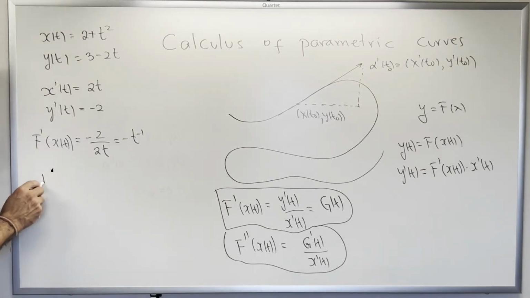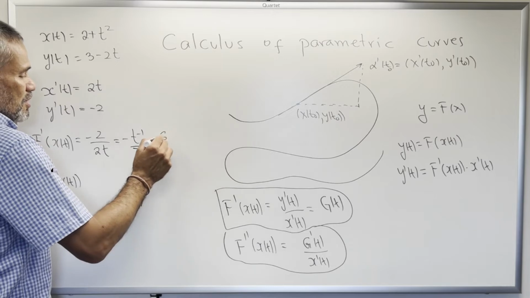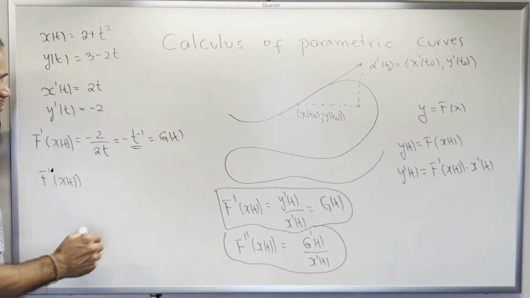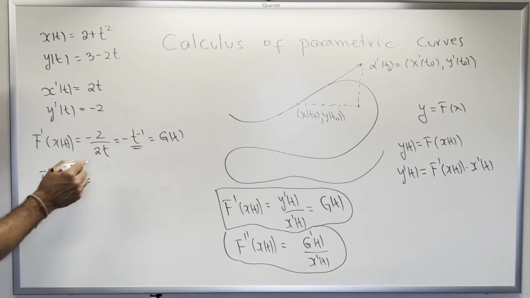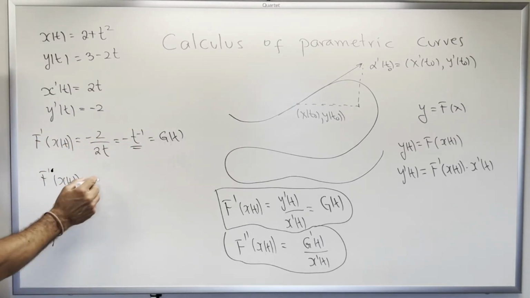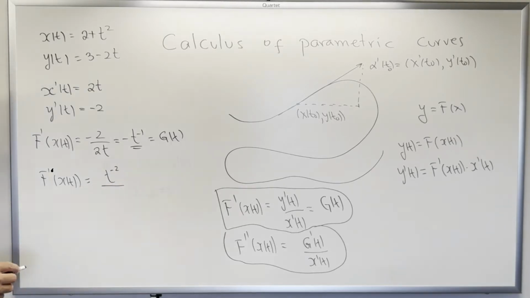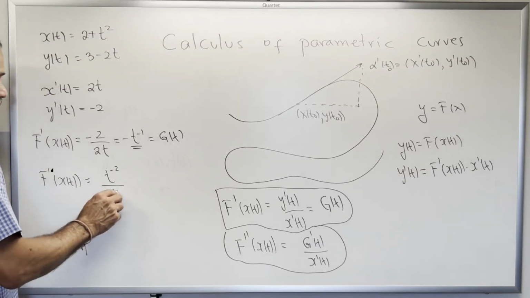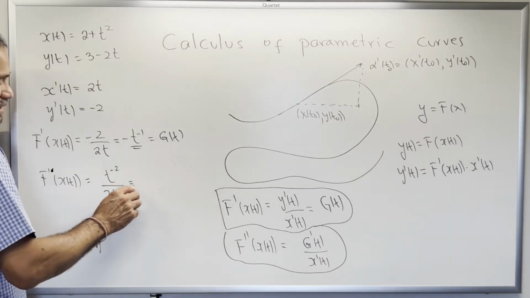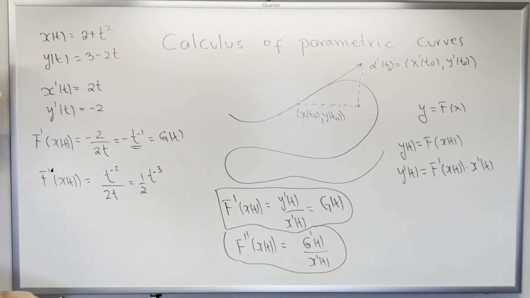This is the first derivative. If we want to compute the second derivative of that function at x of t, we call this function g of t. And then the second derivative would be the derivative of g of t, which is t to the negative 2, over x prime of t, which is 2t. That means that this is just 1/2 t to the negative 3.